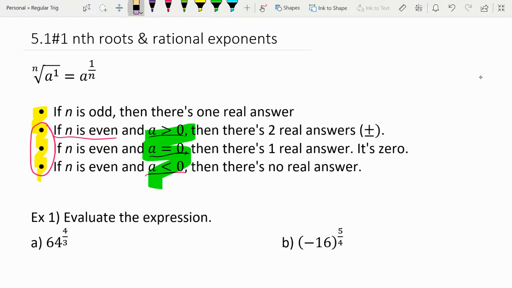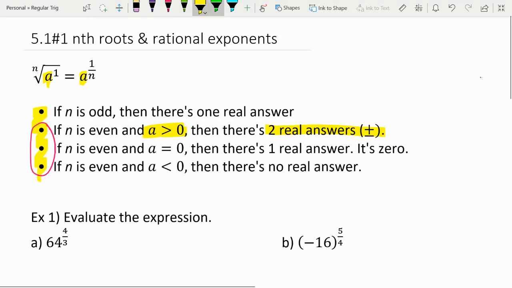If a is positive, greater than 0, I know there's going to be two real answers. Whatever your calculator gives you when you plug it in, make sure you put a plus and minus in front of it.